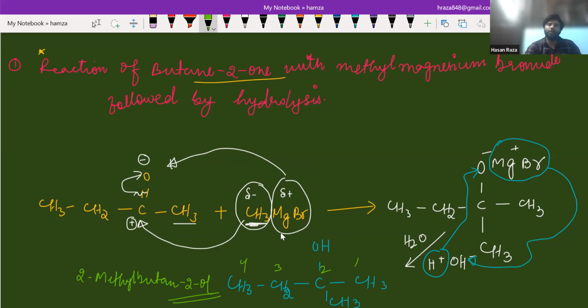You have done the reaction, but you are not able to name the product, so you will not get full marks. What is the problem in solving this? I made a mistake in the middle. You were not able to name it.